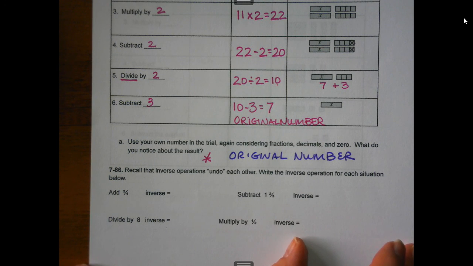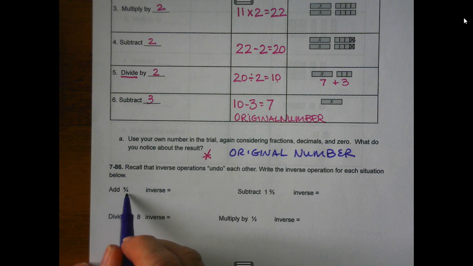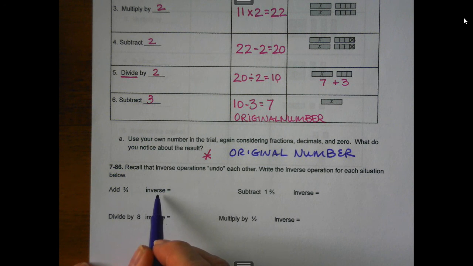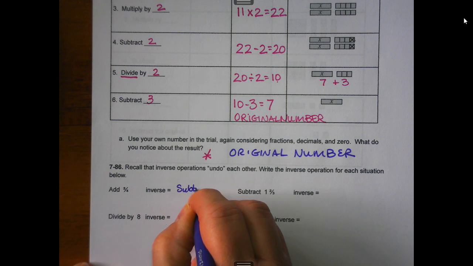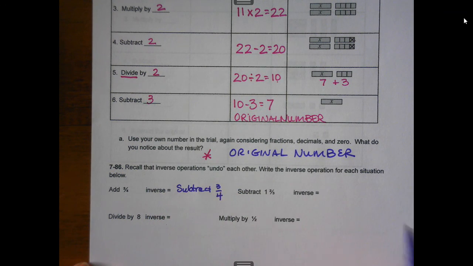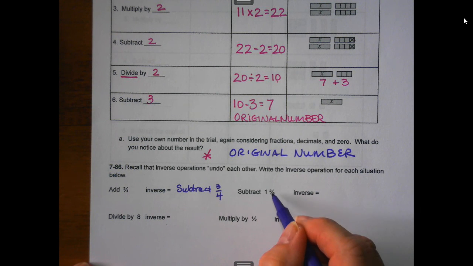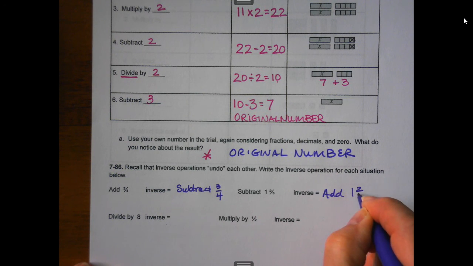Moving on to the next problem that you were supposed to do on your own. If I'm adding 3/4, the inverse or the opposite of that is subtract 3/4. If I subtract 1 2/3, the inverse of that is add 1 2/3.